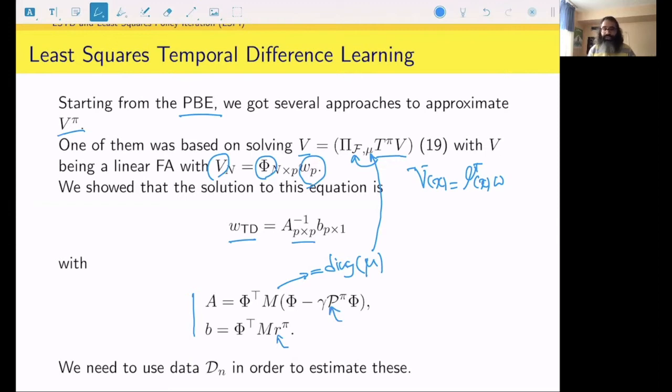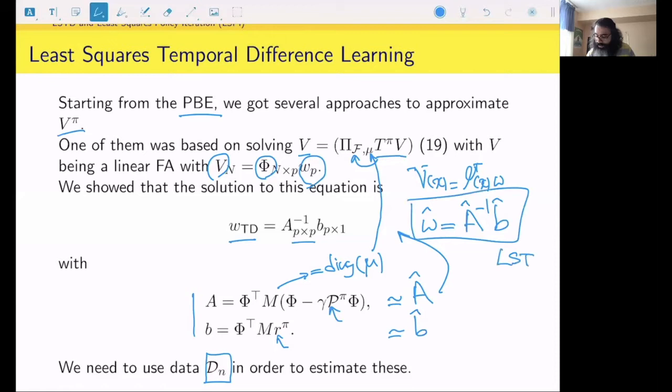So what we need to do is to convert these to using data D_n, which is these tuples of X, reward, and X_i prime, in order to estimate this A and B. The idea of LSTD is basically to approximate these things using some A hat and B hat, and then solve this equation approximately. That would be the essential LSTD using data.